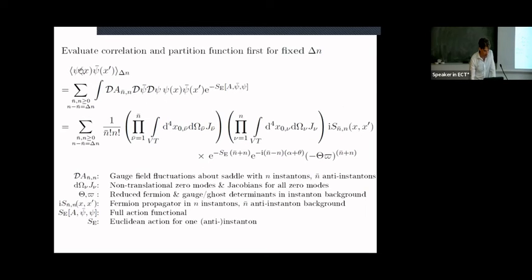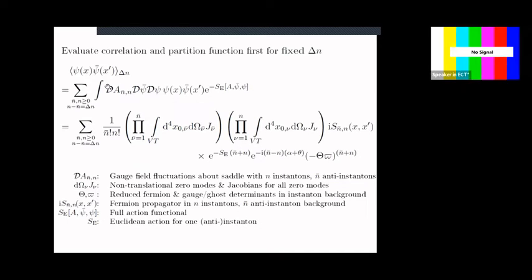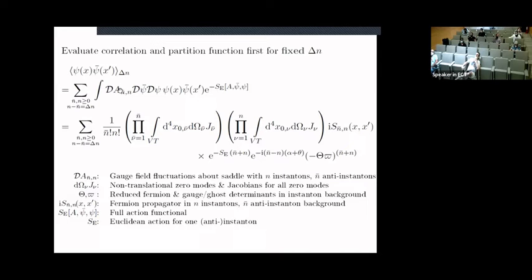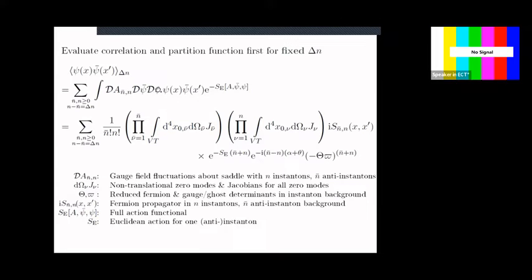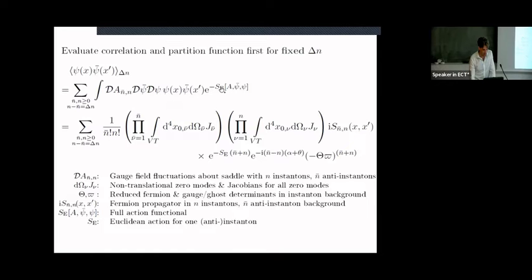So this is our correlation function now in the fixed background. We obtain it by integrating out the gauge fields and the fermion fields in a path integral. Here's our action, S, and here there's this operator we want to calculate. Then we carry it out in the Gaussian approximation in the background of these instantons. So you see what happens here. First of all, we have combinatorial factors because we cannot distinguish instantons and anti-instantons.